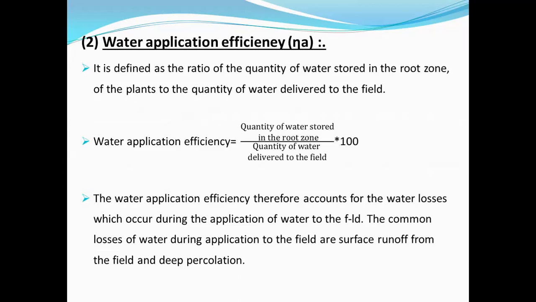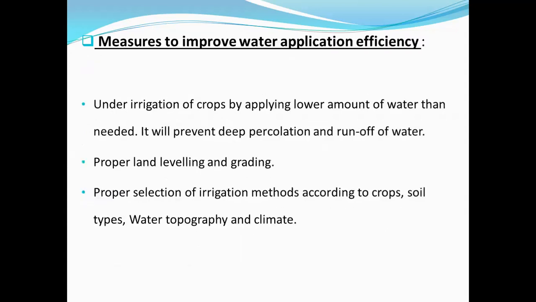So water application efficiency is equal to the quantity of water stored in the root zone divided by the quantity of water delivered to the field, multiplied by 100, right? It therefore accounts for all the water losses which occur during application of water to the field. The common losses during application are surface runoff from the field and deep percolation, right? So this is the water application efficiency and its equation.